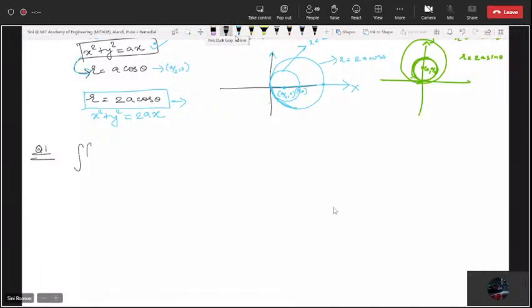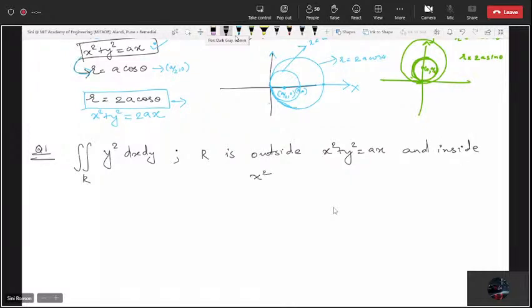Suppose I give you double integrate y squared dx dy over region R, where R is outside x squared plus y squared equal to ax and inside x squared plus y squared equal to 2ax. Okay, suppose this is the question. So now we already saw what is x squared plus y squared equal to ax.